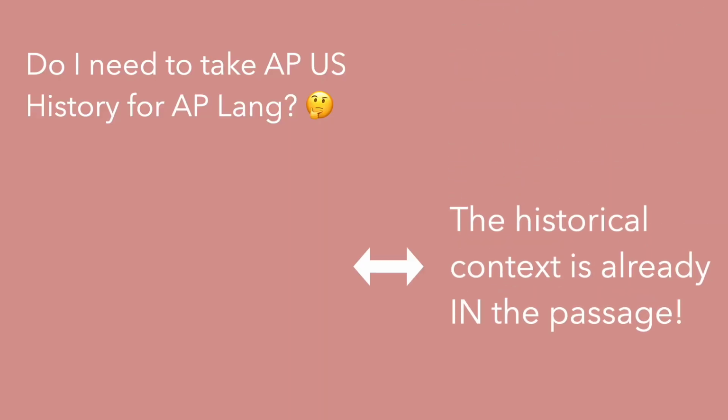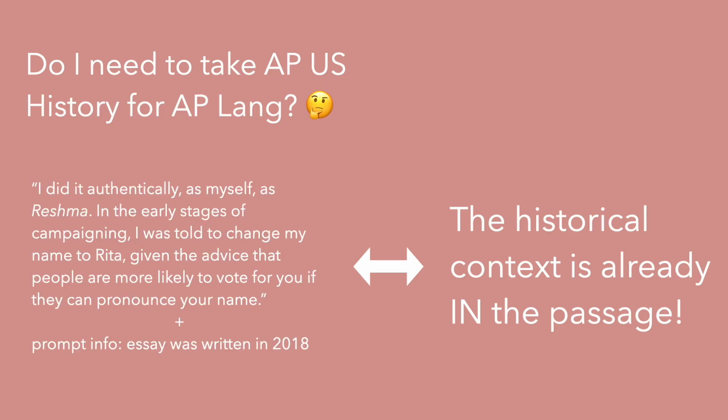Great question, and here's the good news. AP US history is not a prerequisite for AP language. The historical context is already in the passage. In the second paragraph, the author wrote, "I did it authentically as myself as Reshma.